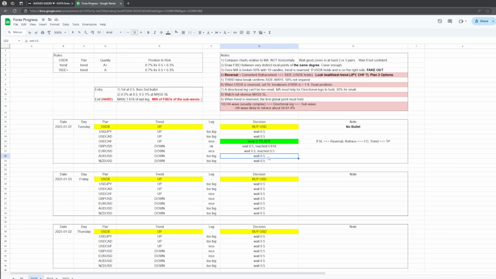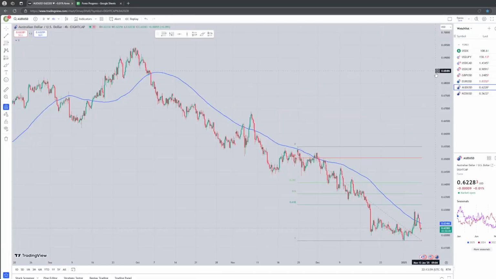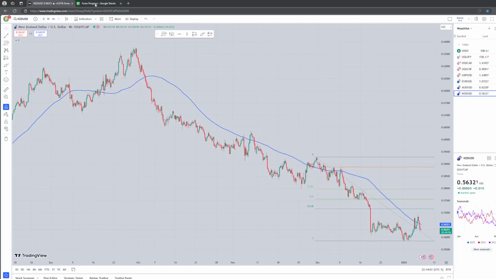Technically, I will wait for 50% retracement. But once again, if I were you, I will focus on Pound USD and Euro USD because the leg sizes of Pound USD and Euro USD are much better, so they are likely to demonstrate the Fibonacci extension on the next trend leg.